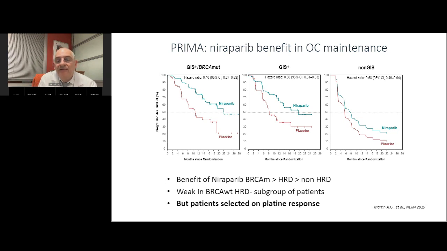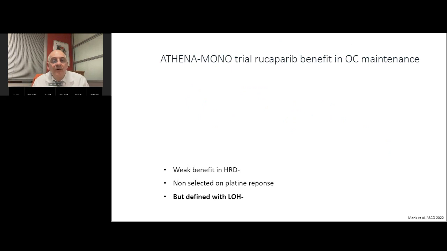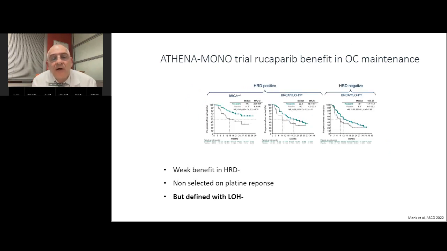And finally, this is the most recent result of the ATHENA-MONO trial comparing rucaparib to placebo in ovarian cancer maintenance. Again, we have the same kind of results with a very important benefit in mutated women, benefit in HRD women, and a weak benefit here in non-HRD women.